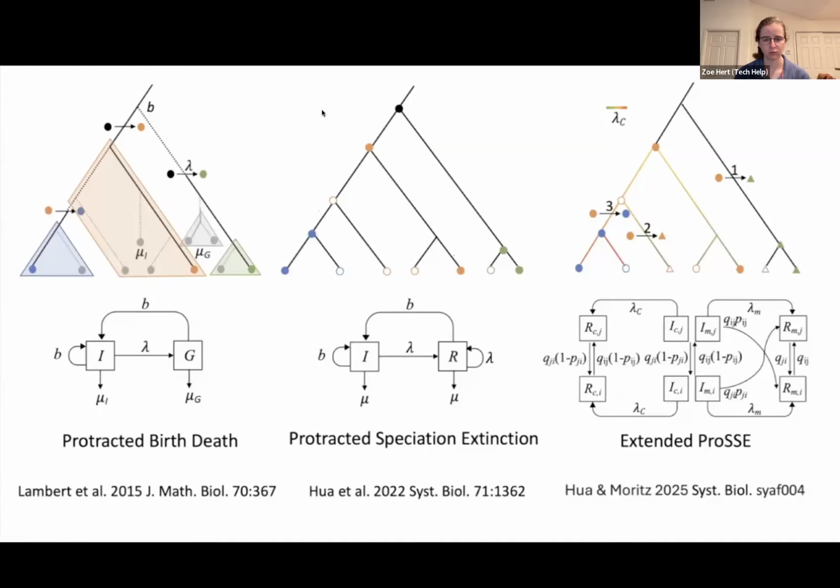What matters is that we know the most recent common ancestor of each extant species, the blue species, orange species, green species, has to be in representative state because we only got one most recent common ancestor as a single lineage here. And more importantly, for the orange species, which are paraphyletic here, this internal node must be an incipient lineage of the orange species.